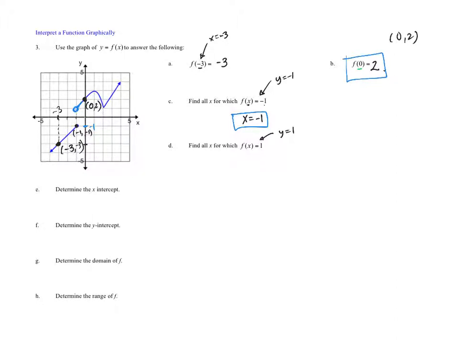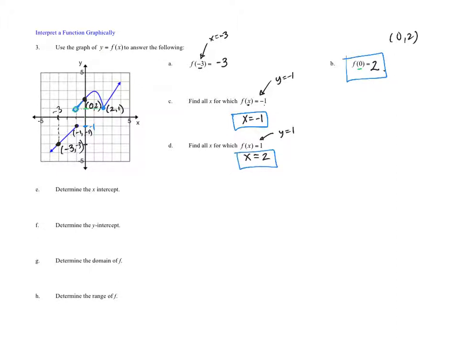Well, let's go look. A y value of +1. I go up to +1, I look around. This one's not defined because of that open circle, but this one is. It's sitting right there. So the point corresponding to that is an x value of 2, a y value of 1. So we're being asked, what is the x value there? And it is 2.